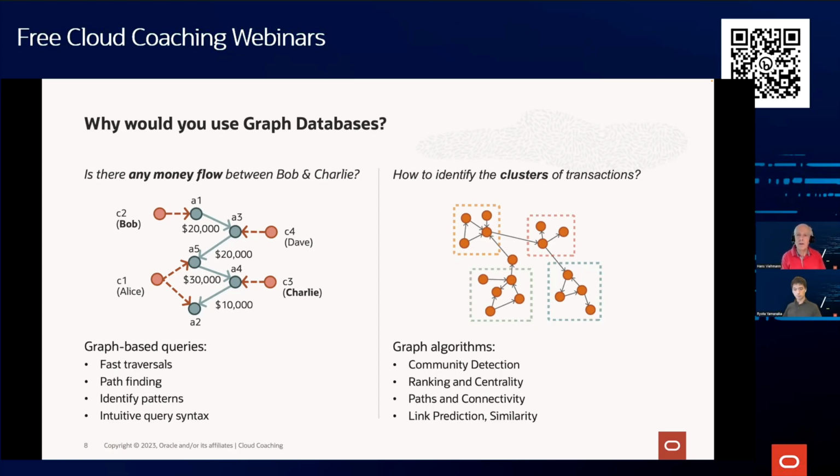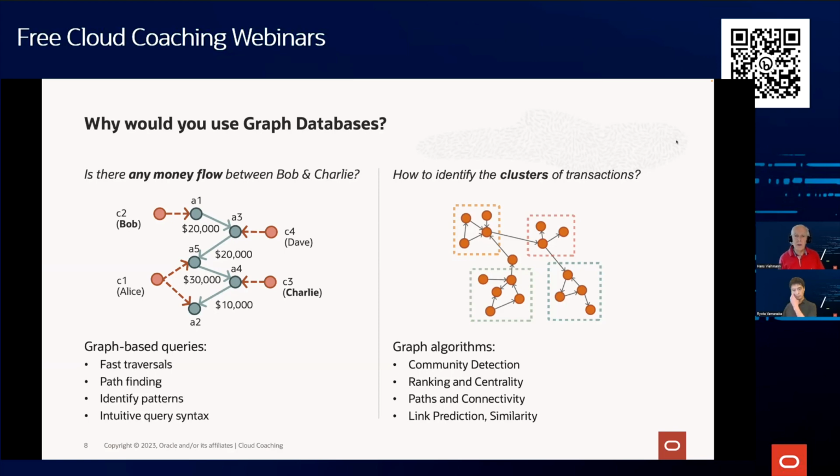You look at the account A1 and there's a connection from A1 to A3 to A5 to A4, and that shows you that there is an indirect connection between Bob and Charlie. So as I said, that's just a question of path finding. That would be question one.